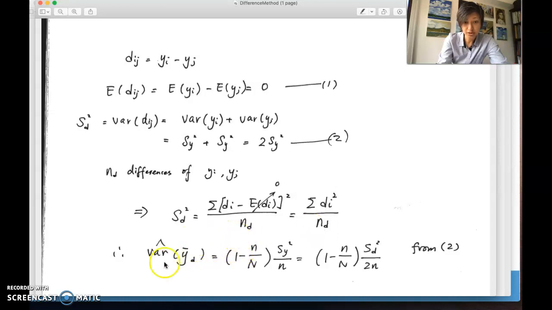So we replace the Sy square in the estimated variance formula by Sd square divided by 2. Then we find this equation: the estimated variance of y bar using the differences method is equal to the finite population correction factor multiplied by Sd square, which is the summation of di square over nd, divided by 2n.